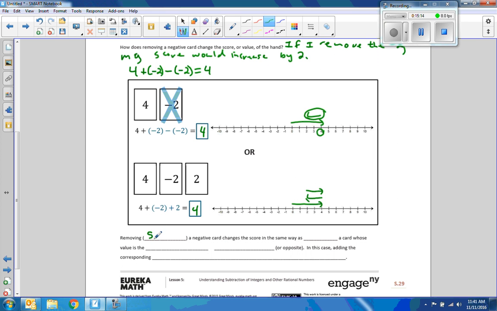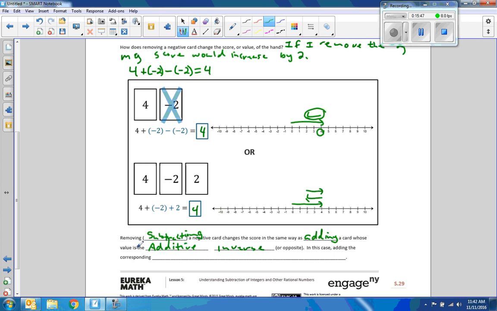So removing or subtracting a negative card changes the score in the same way as adding a card whose value is the additive inverse, or opposite.